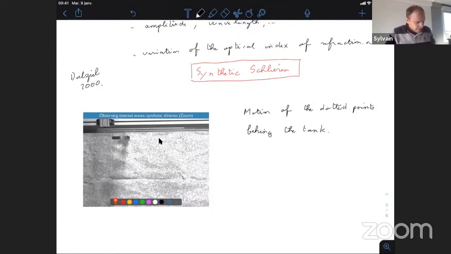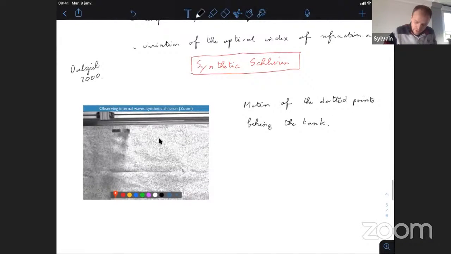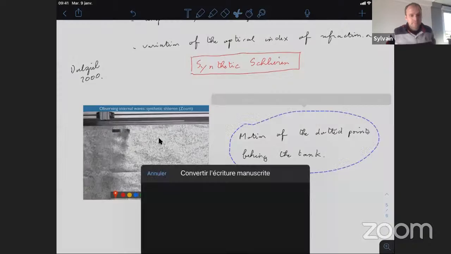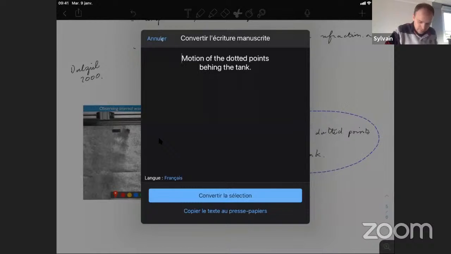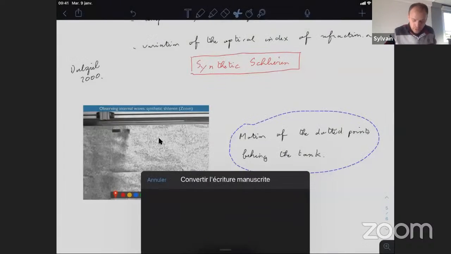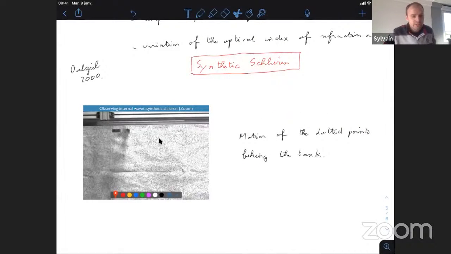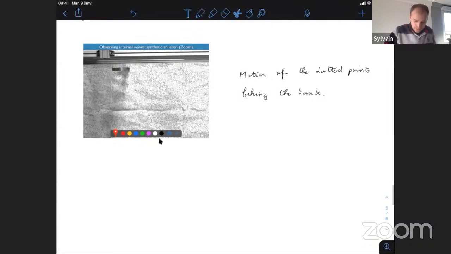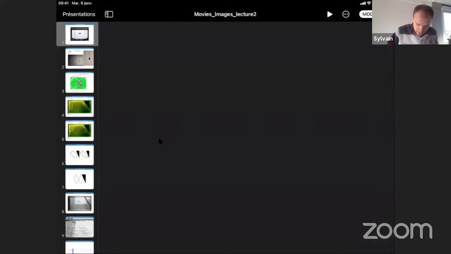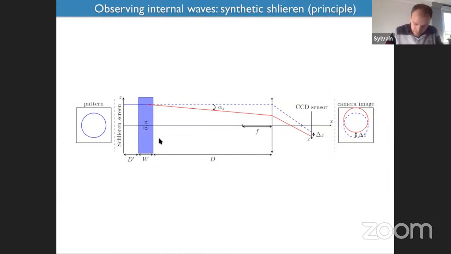And I think to explain how these dotted points are related to any quantity in the tank, I will present this sketch of the experimental setup.